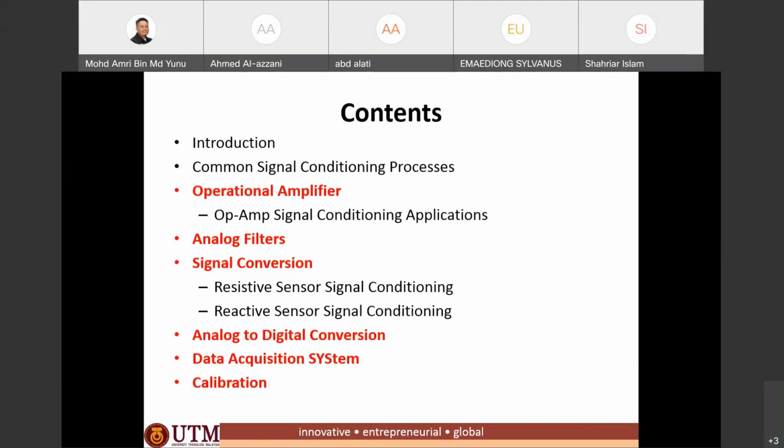We will also look into the analog filters, and then signal conversion, and then we will look into analog to digital conversion, ADC, and also DAC. Next, we will look into the data acquisition system, and lastly, calibration. This is a very important part of this lesson.